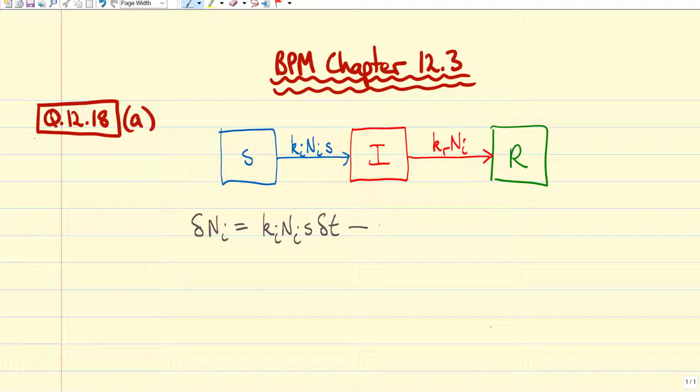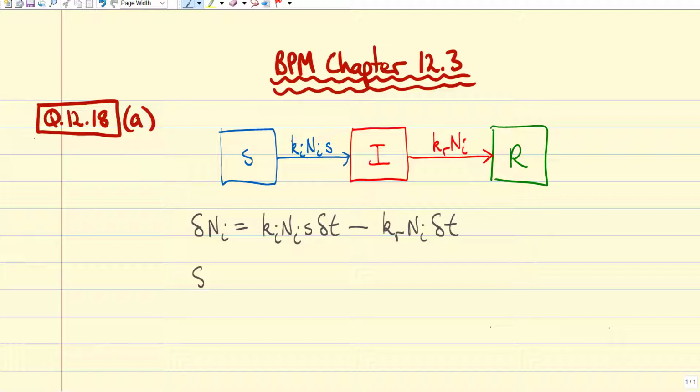So we have minus Kr times Ni, that's this rate that we're talking about, and then we need to multiply by the amount of time we're thinking about, and you get that. So that's the rate that you get just by inspecting this diagram.